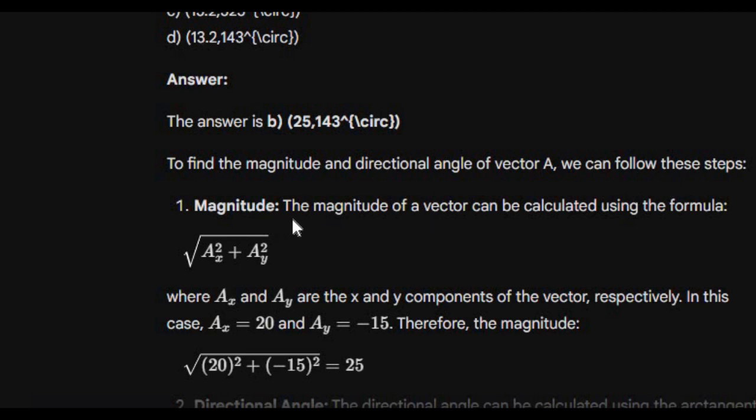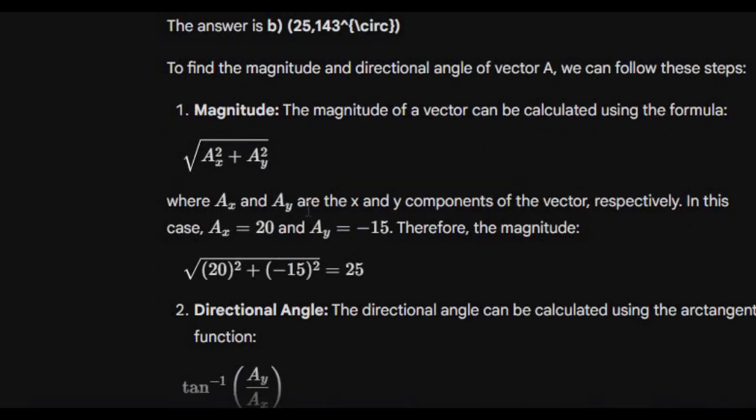1. Magnitude. The magnitude of a vector can be calculated using the formula square root of A_x squared plus A_y squared, where A_x and A_y are the x and y components of the vector, respectively.